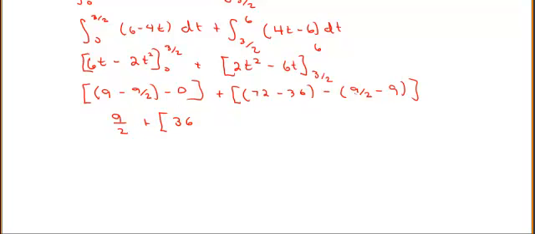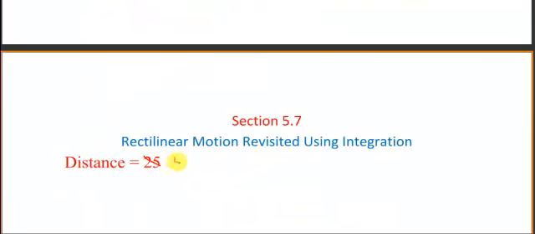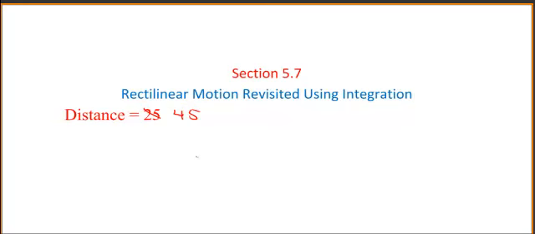Since I'm subtracting negative 9 halves, we'll have plus 9 halves. Then 9 halves plus 9 halves is 9, plus 36 is 45, so 45 should be the distance. I must have been half asleep when I wrote those in. So that's going to be the distance.